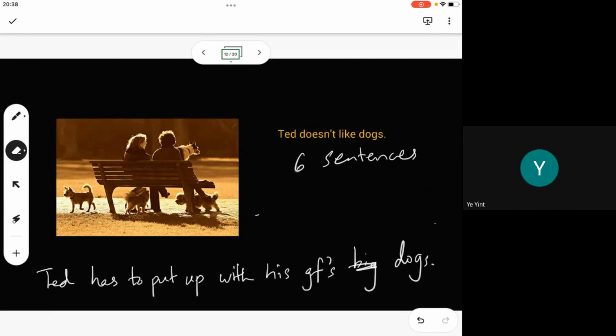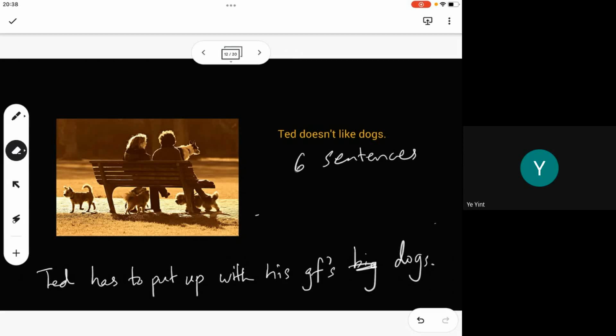Ted doesn't like dogs. It seems like Ted must be the guy sitting beside the girl, and the girl will be the girlfriend of Ted, who loves dogs and is the master of those 5 dogs. Ted might be annoyed sitting with those 5 dogs around him at that time.